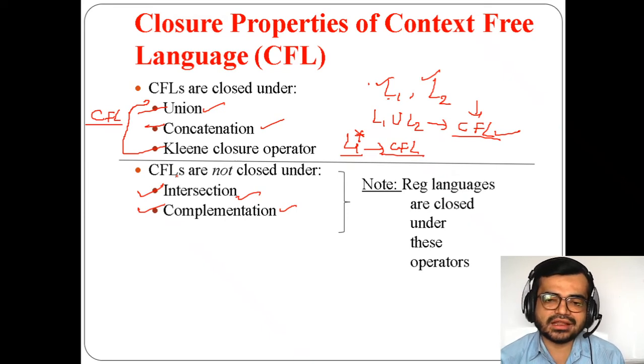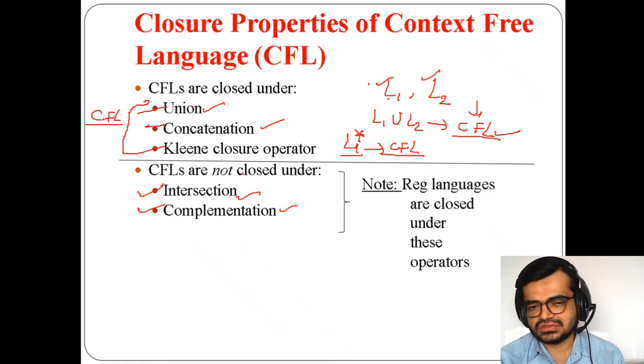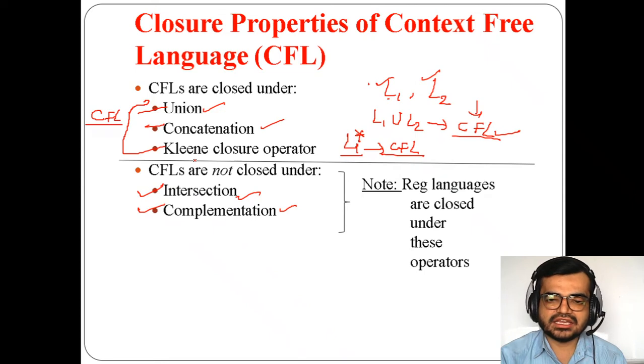But regular languages are closed under these operators. Regular languages are closed under intersection, which means the result will always be a regular language, and likewise for complementation.